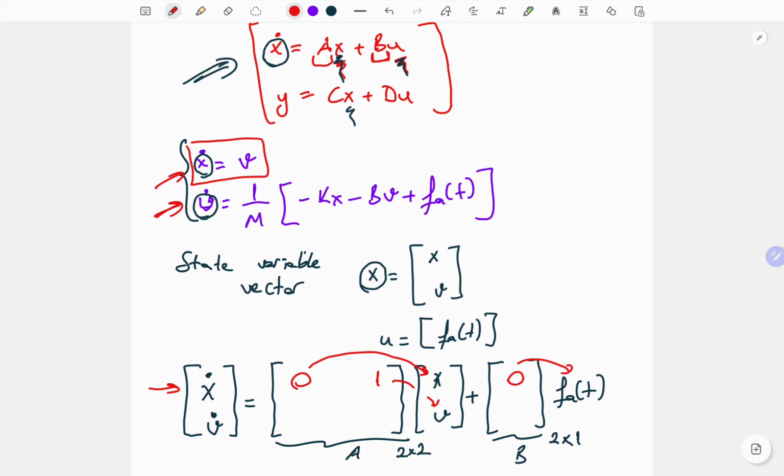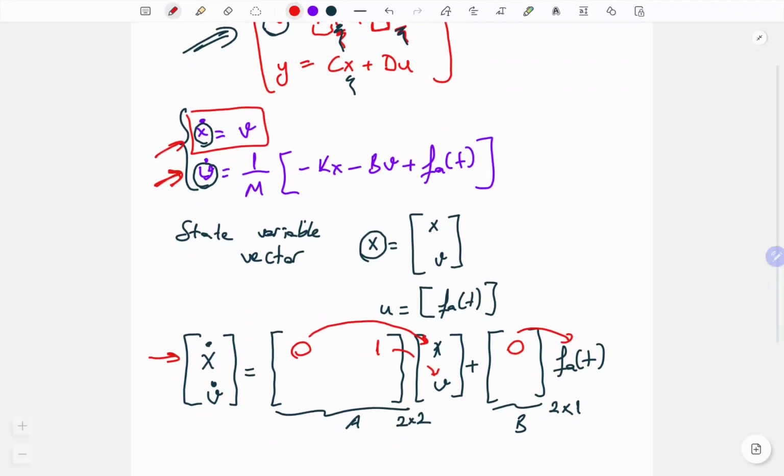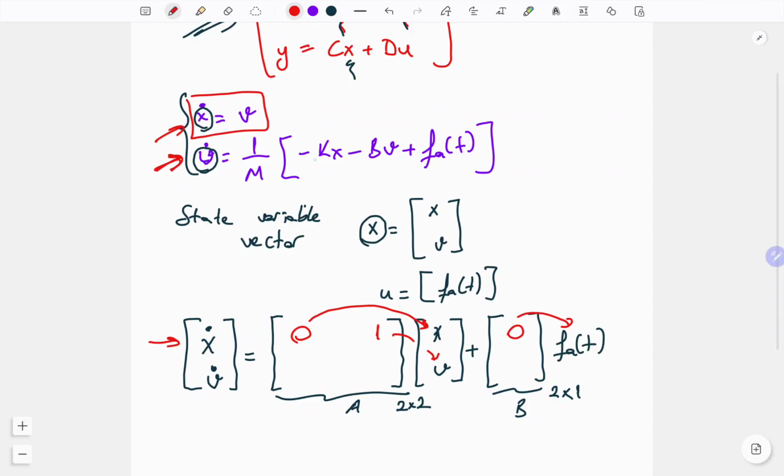Similarly, to obtain v dot, the velocity first derivative, we need minus k over m, which is the coefficient of x, minus b over m, which is the coefficient of v, and 1 over m, which is the coefficient of Fa for the second row.